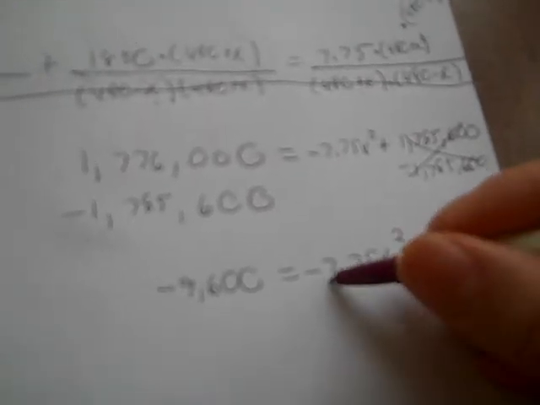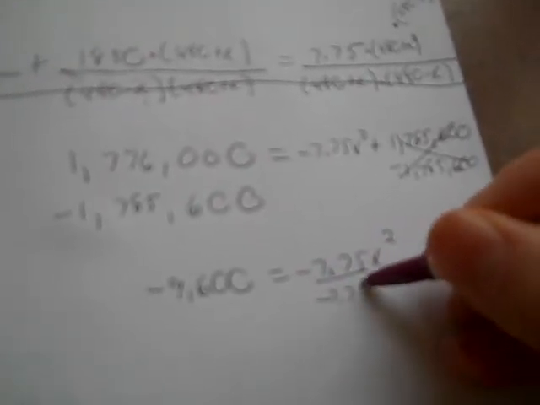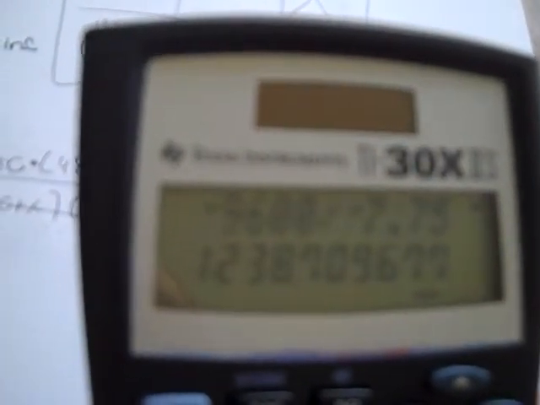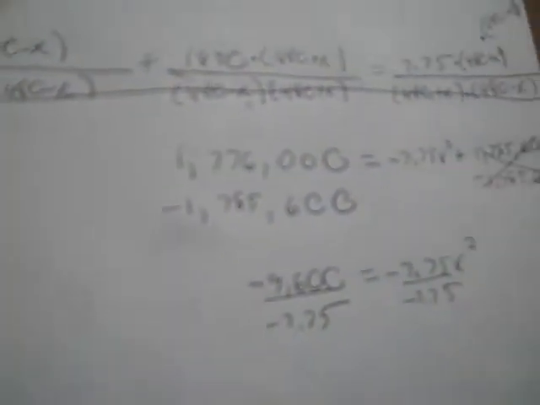And then we need to divide. So negative 9,600 divided by negative 7.75 is 1,239.